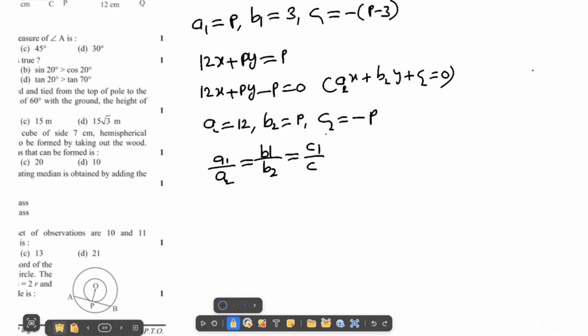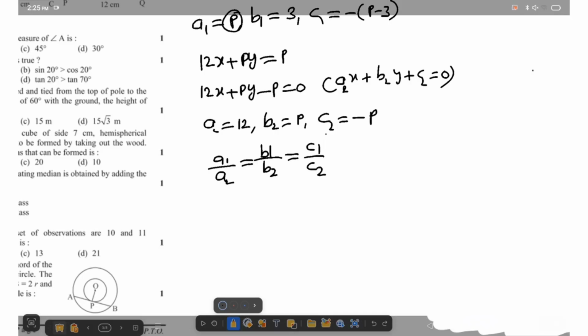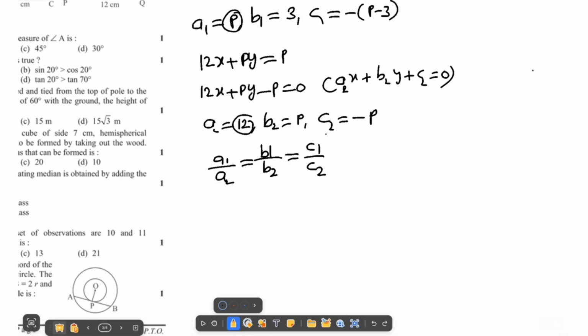Okay, let's substitute these values. For a1 by a2, a1 is p and a2 is 12, so p by 12. Next, b1 by b2, so b1 is 3 and b2 is p, so 3 by p.